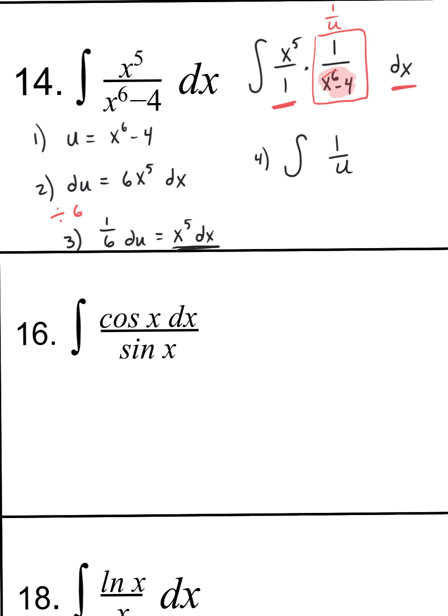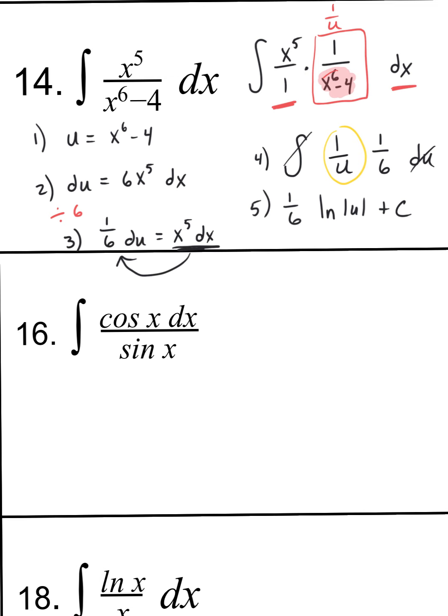X to the 5th dx is now equal to 1/6 du. Alrighty. Fifth step, we finally take the antiderivative. The 1/6 comes along for the ride. The notation drops out. The only thing that we're taking the antiderivative of is 1 over u, and that is ln absolute value of u plus c.